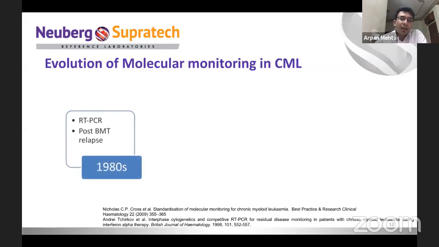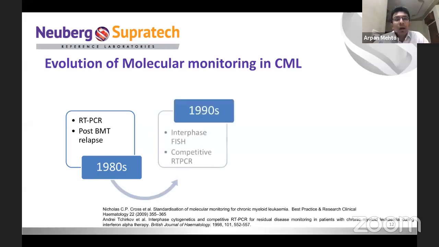So if we look back around 30 years, there are reports of RT-PCR, and it was usually utilized for knowing early relapse in cases of post-BMT patients. But this was qualitative, that is, it was used to detect whether the transcripts were present or absent. Then in the early 90s, interphase FISH was introduced and competitive RT-PCR was introduced, but these were labor intensive.